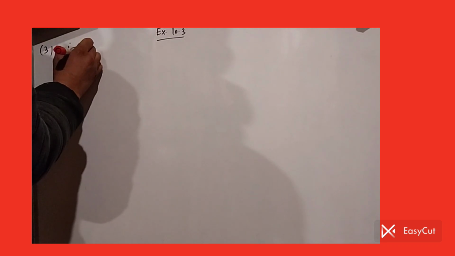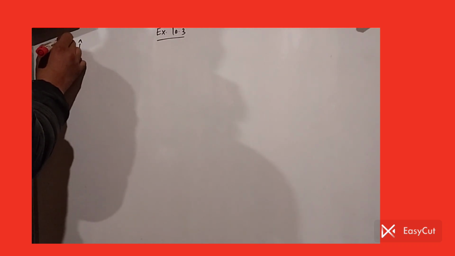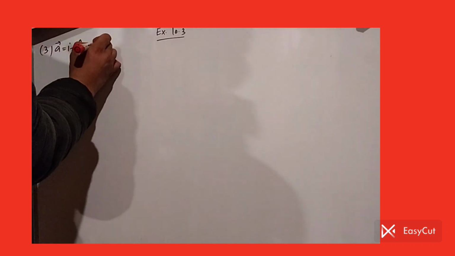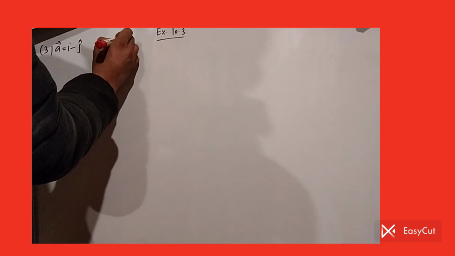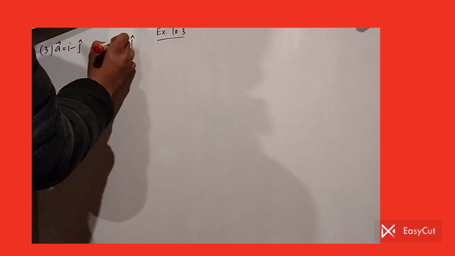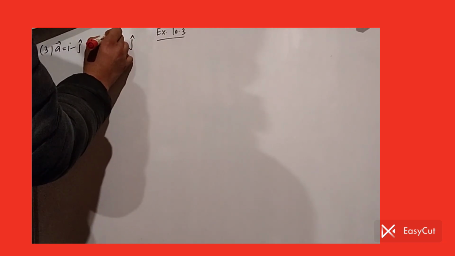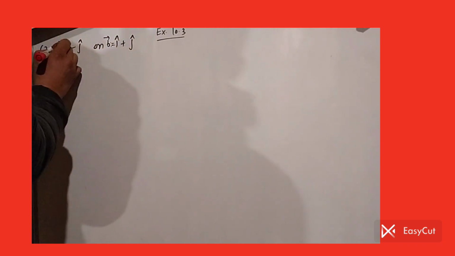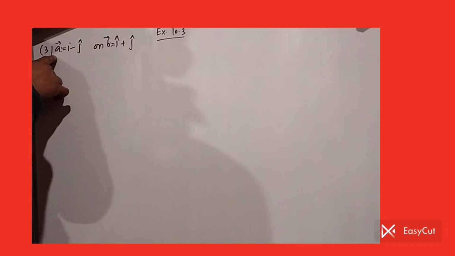Question number 3 asks to find the projection of vector i minus j, let's call it vector A, on vector i plus j, let us call it vector B. We have to find the projection of this.